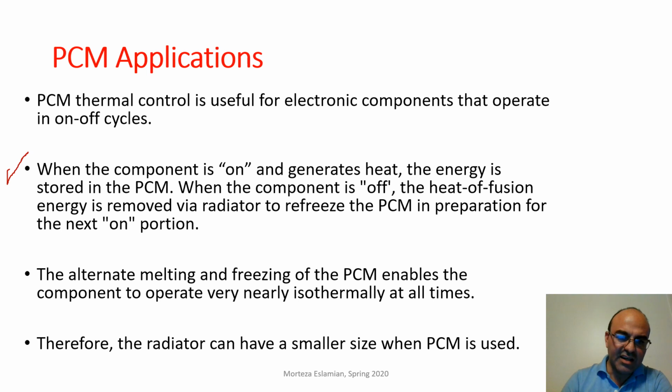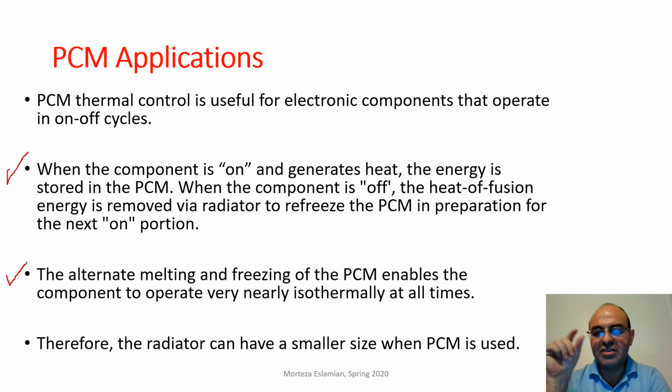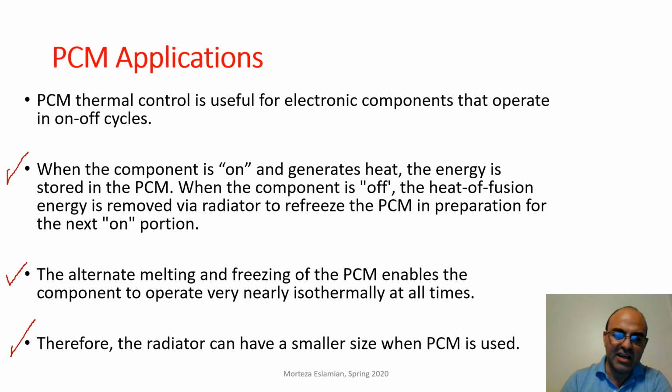So the alternate melting and freezing of the PCM enables the component to operate very nearly isothermally at all times. It can operate at isothermal temperatures because during phase change, PCM temperature does not change. And the use of PCM results in a radiator that can have a smaller size.